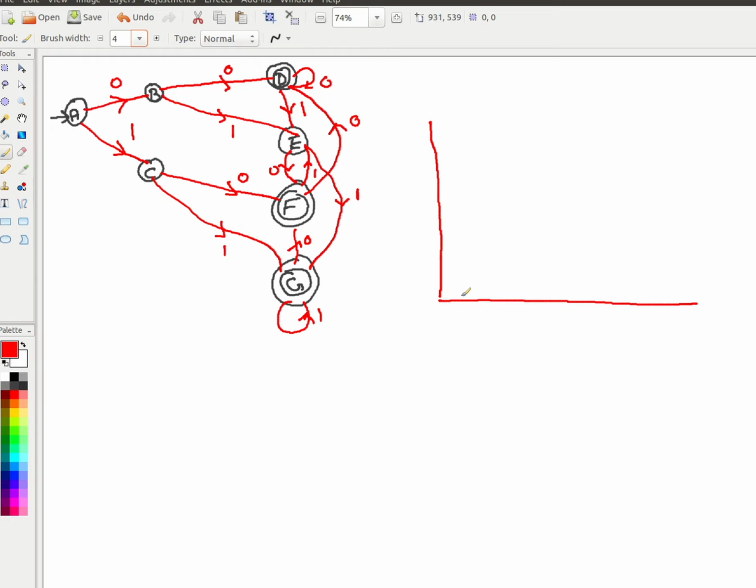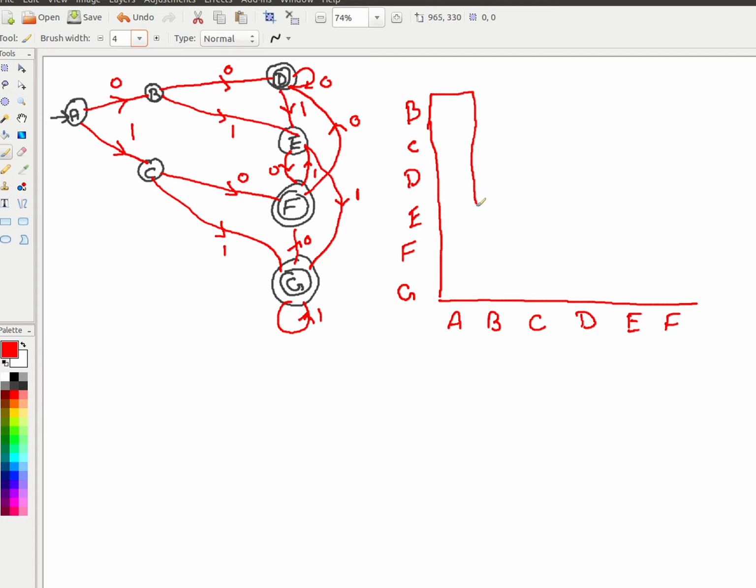So you can just take the upper or lower triangle of a matrix, an adjacency kind of matrix, just to check it. So let's take A, B, C, D, E and F, and here you can place G, F, E, then you have D, you have C, and then you have B, right?